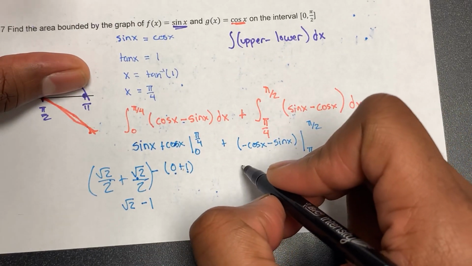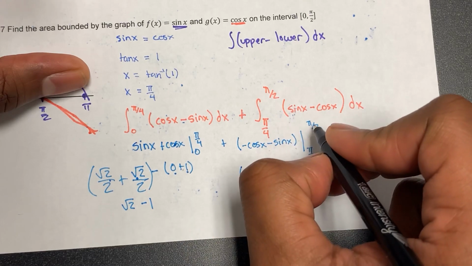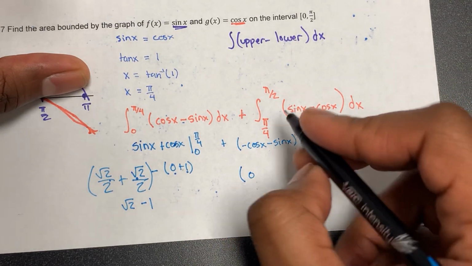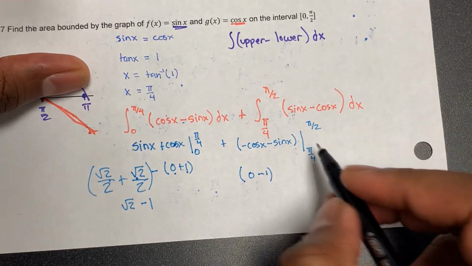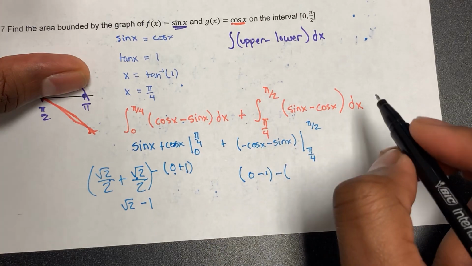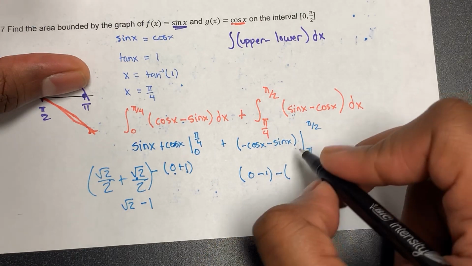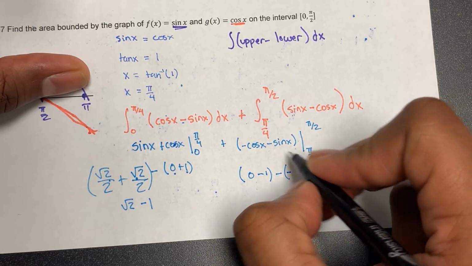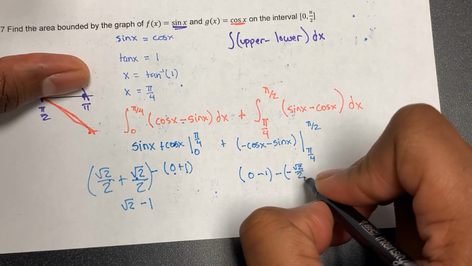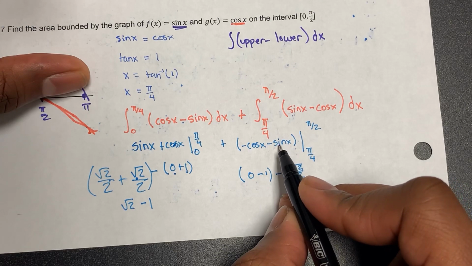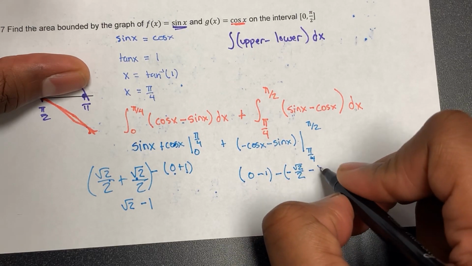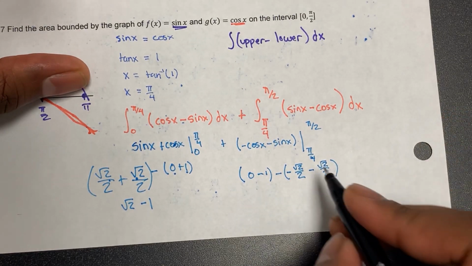For the second integral, we're going to have the cosine of pi over 2 is 0. The sine of pi over 2 is 1 minus the cosine of pi over 4, well, negative cosine pi over 4, which is going to be negative square root 2 over 2. And the sine of pi over 4 is also square root 2 over 2.